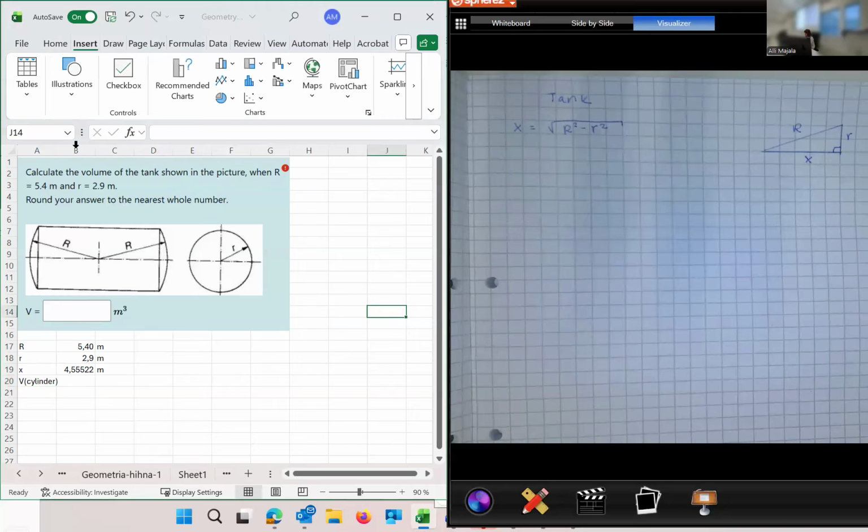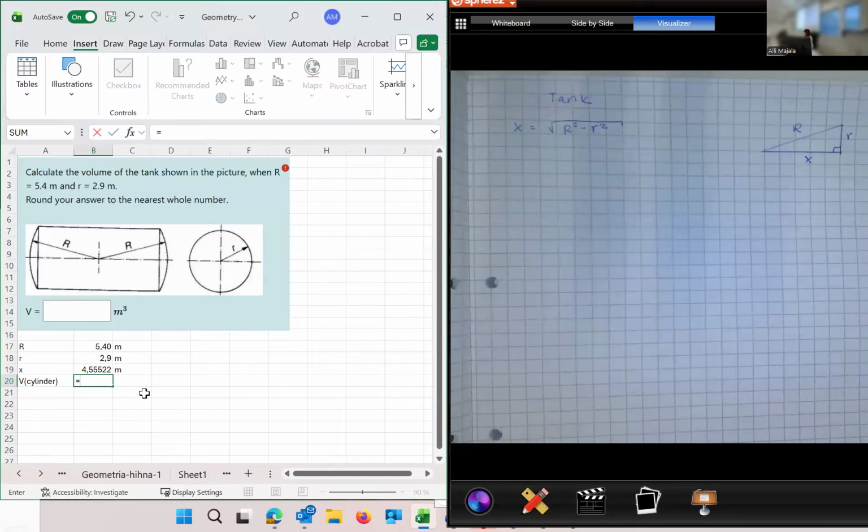Let's make this a bit longer, which would be just the height of the cylinder times the area of the bottom, which is the height, 2 times x, times the small r squared, yeah, because that's the radius of this circle here, yes, which is in this picture.